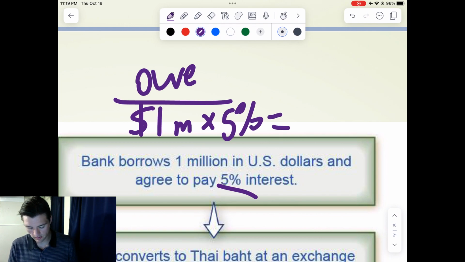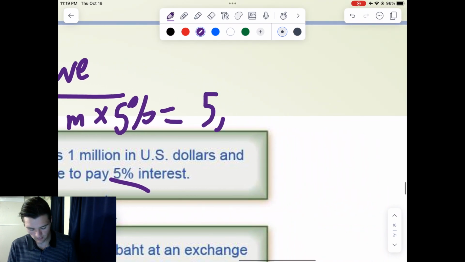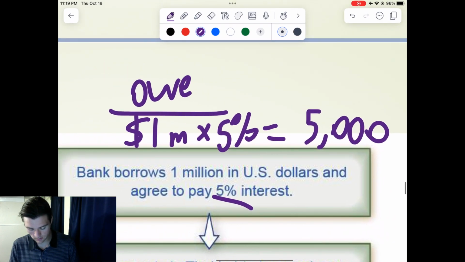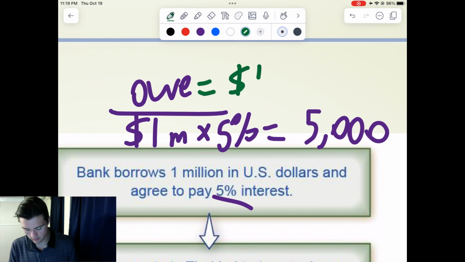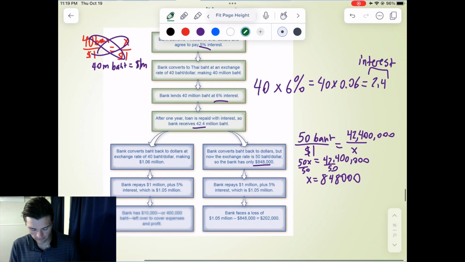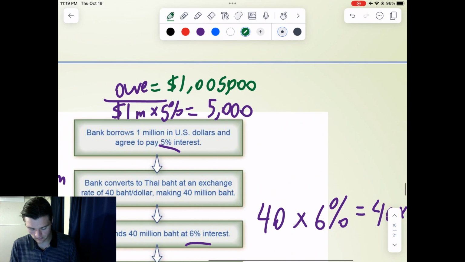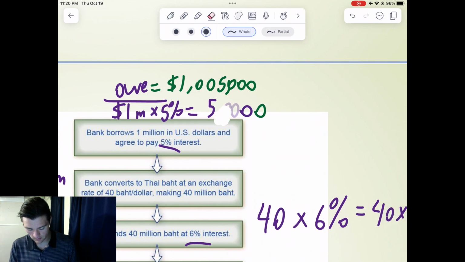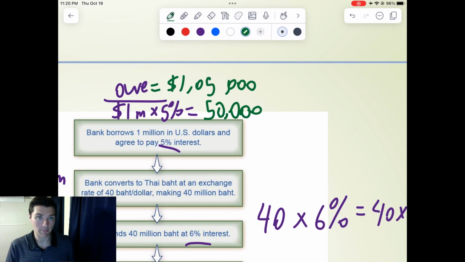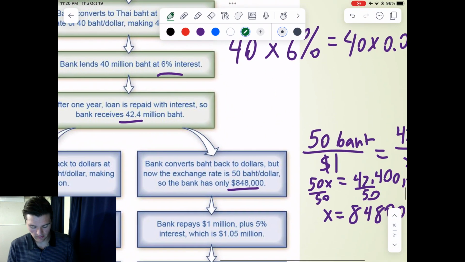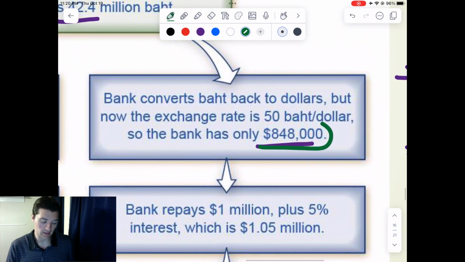So that should be $50,000. So from the very beginning, they knew they owe this bank back $1,050,000. When they did the conversions and everything, they ended up with only 848,000.